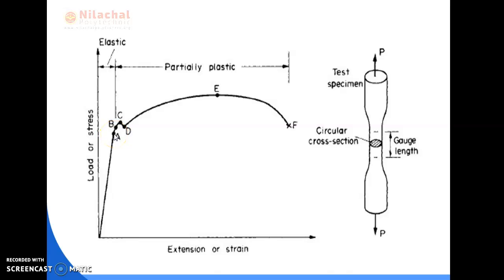Again, the load increases in magnitude from A to B, then up to point C. Point C on the curve is known as your upper yielding point. Point D is known as your lower yielding point, and the graph plotted from point C to D is known as the yielding of material.